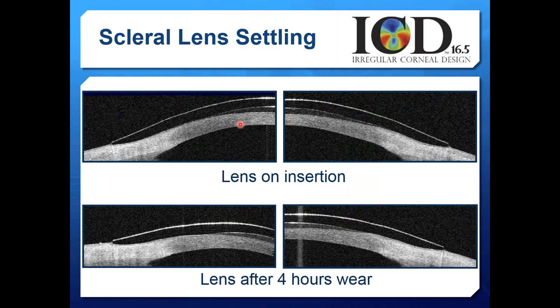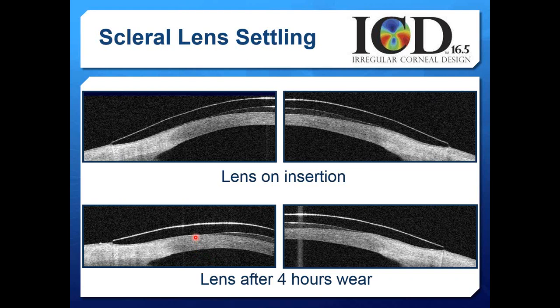When the lenses are inserted, often you'll see a nice fluid layer running all the way through the peripheral cornea and limbus. But after those lenses settle into that boggy conj, we lose some of that peripheral corneal and limbal vaulting that we have. Now, is it a problem to have some limbal and peripheral corneal touch?